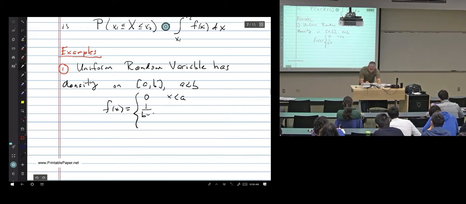It's 1 over b minus a when x is between a and b. And it's 0 when x is strictly greater than b.